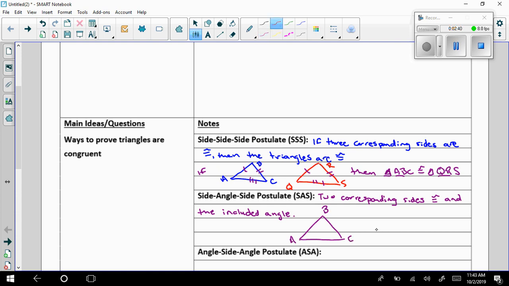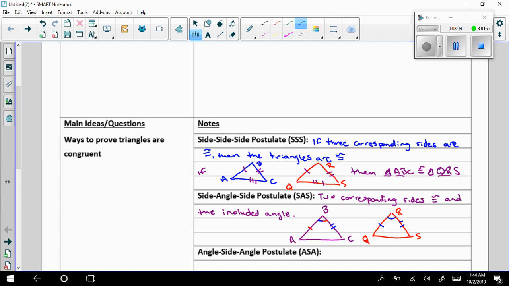And then we have this triangle, we'll call it again QRS. The included angle, what I mean by that is the angle between the 2 sides that are marked congruent. So if AB is marked congruent to QR and BC is marked congruent to RS, then the angle that's congruent is this angle right here between those 2.